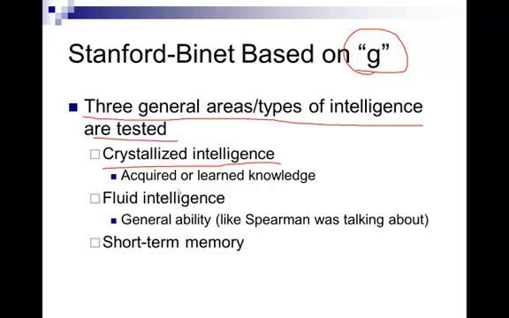Crystallized intelligence, how we acquire or learn knowledge. And then we have fluid intelligence. That's like general ability, sort of like what Spearman was talking about here. The G thing.